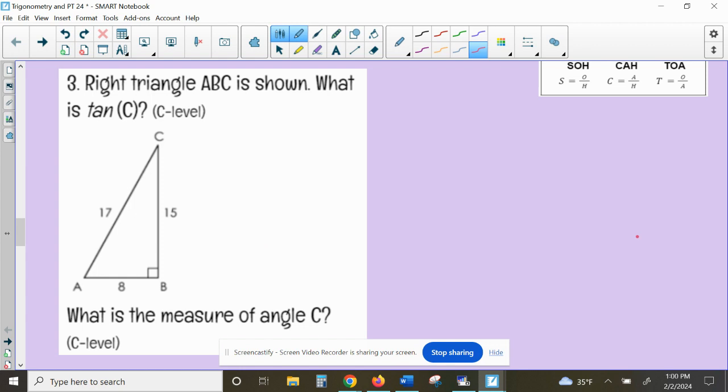Okay? So which angle do you think I'm going to circle? Look, read it again. C. You're going to do C. So circle C and label your pieces.